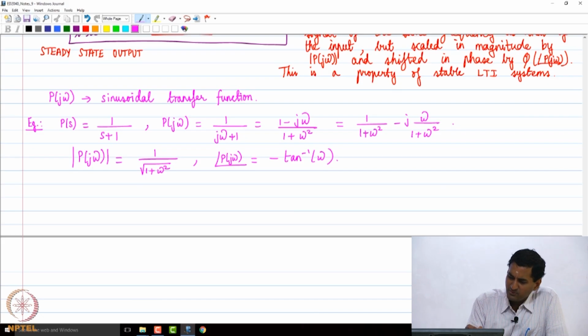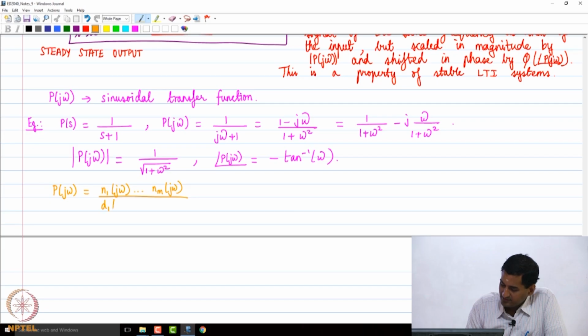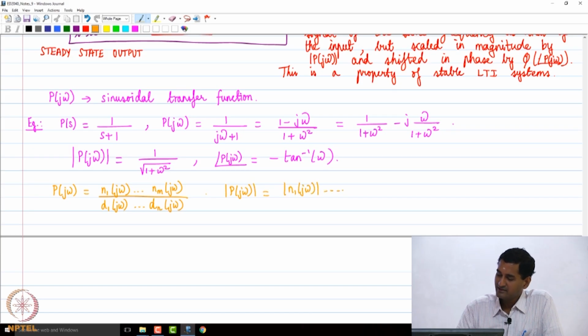Okay. So, once again, as a general generalization, let us say P of j omega is going to be n1 j omega times all the way till nm j omega, divided by d1 j omega all the way till dn j omega. So, what we just did was that the magnitude of P of j omega is essentially going to be the same structure, but with the individual magnitudes, right. So, that is what we are going to have.